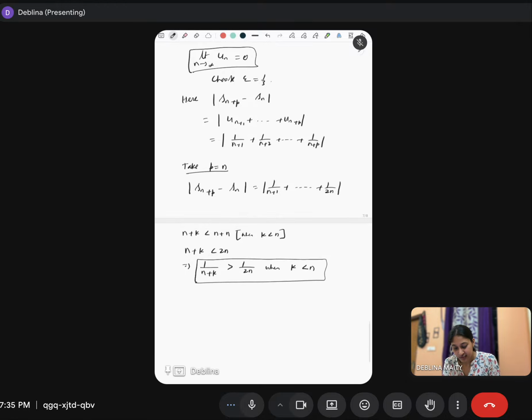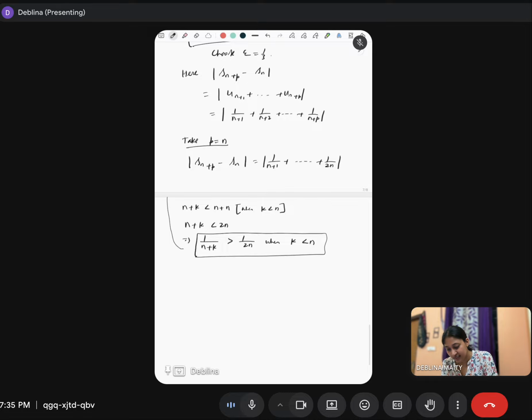Now if we use this in this line, we get S_{n+p} minus S_n. For each k, 1 by n plus 1 is greater than 1 by 2n, 1 by n plus 2 is also greater than 1 by 2n.